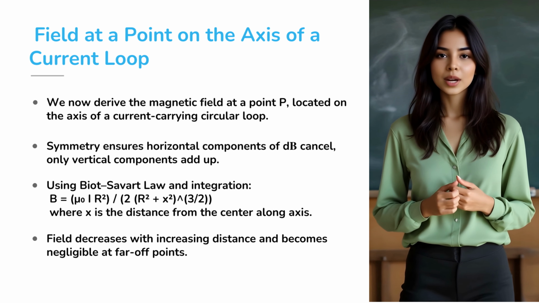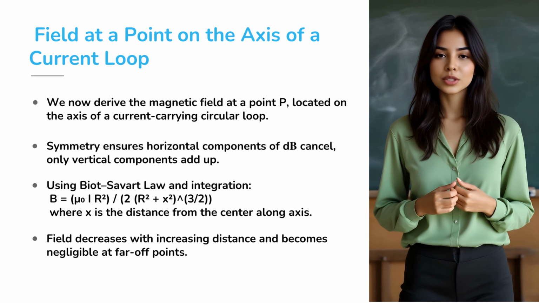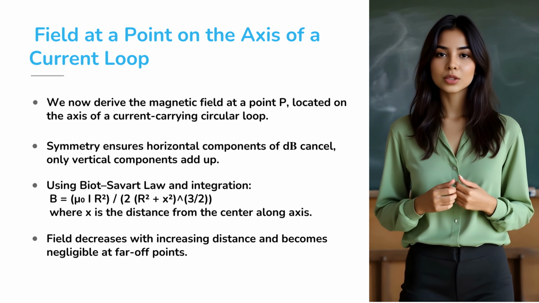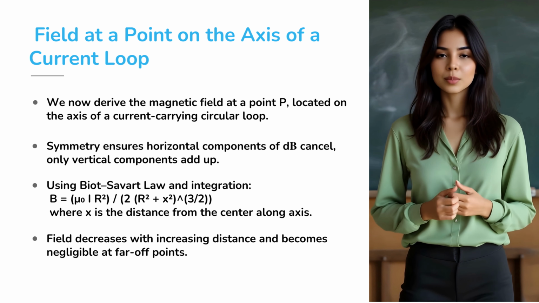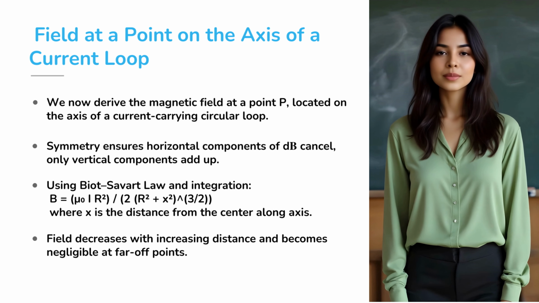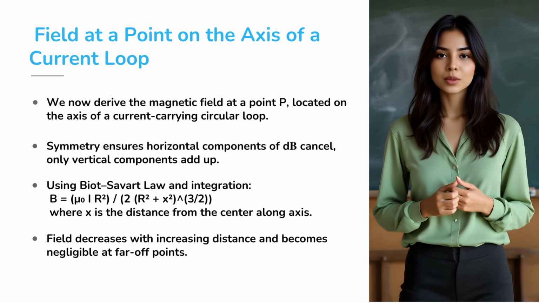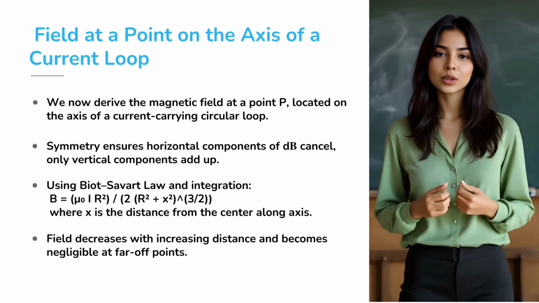After applying the Biot-Savart law and integrating, we arrive at B equals mu naught multiplied by I multiplied by R squared divided by 2 into open bracket R squared plus x squared close bracket to the power 3 by 2. That's a powerful expression. It tells us how the field decreases as we move away from the center and gives us the exact value at any point along the axis.